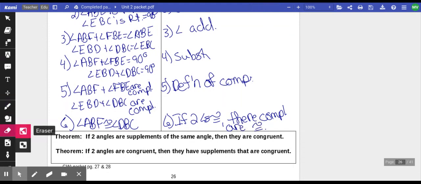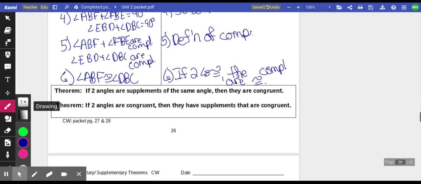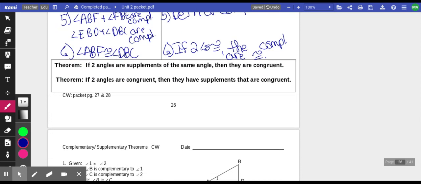Instead of "there," I should say "the": the complements are congruent. And now we have something exactly the same, except for supplements. So instead of it adding to be 90, it equals 180.